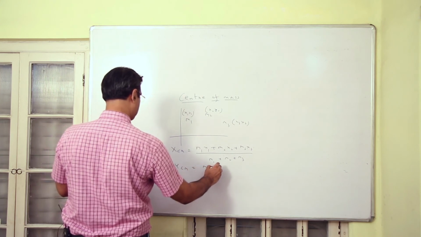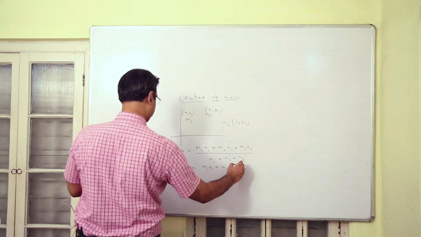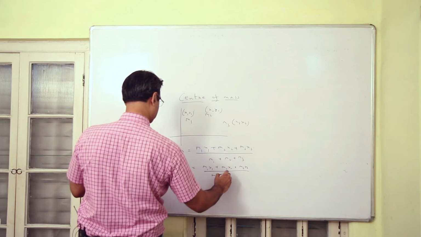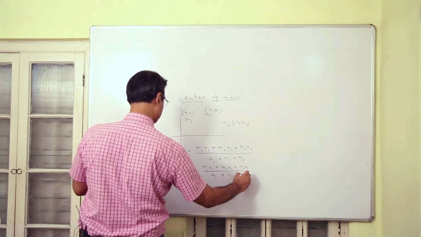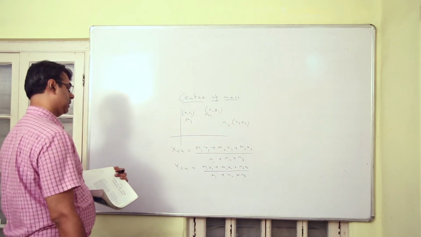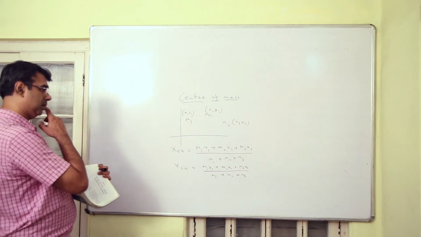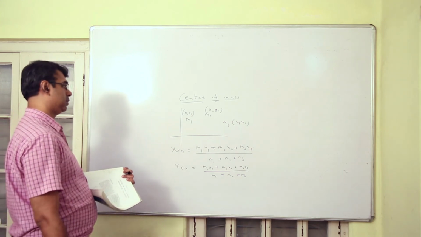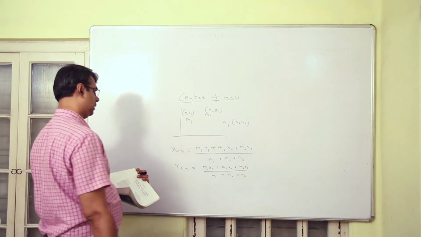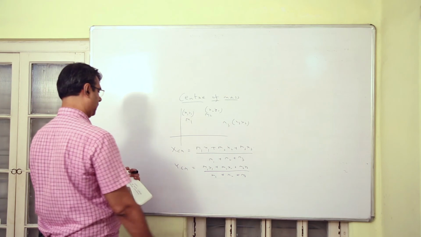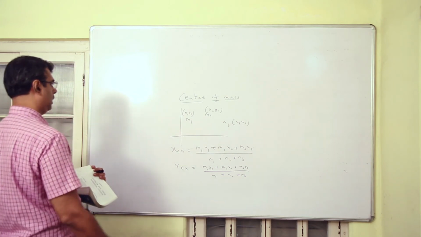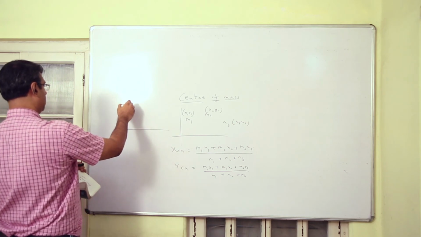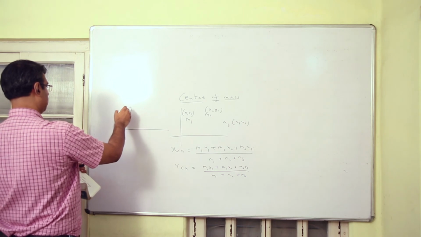Then the y coordinate of the center of mass, ycm, is m1y1 plus m2y2 plus m3y3 by m1 plus m2 plus m3. So whenever you have a distribution of masses, you can find the center of mass by using this formula for xcm and ycm. Now let us say that instead of x coordinate and y coordinate, you are given the position vector.